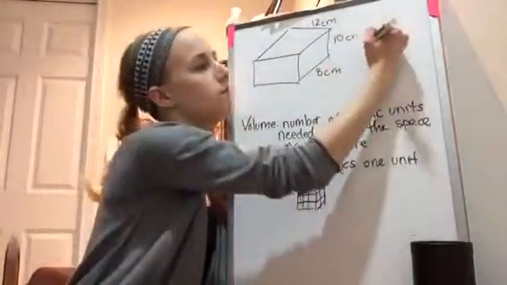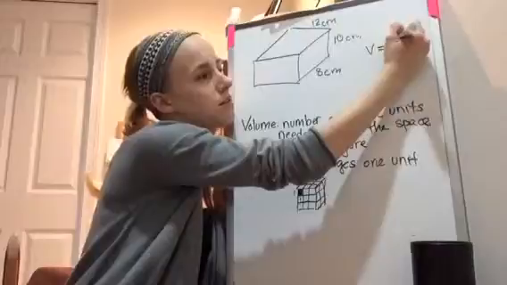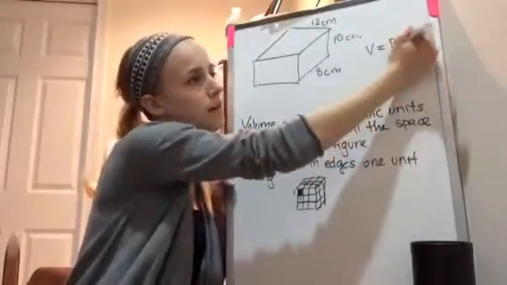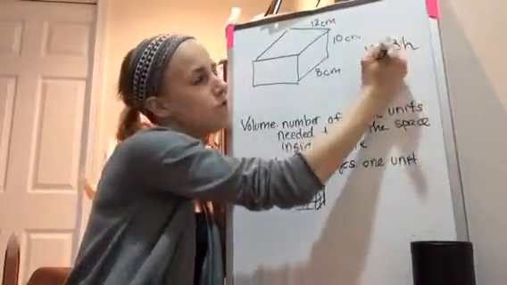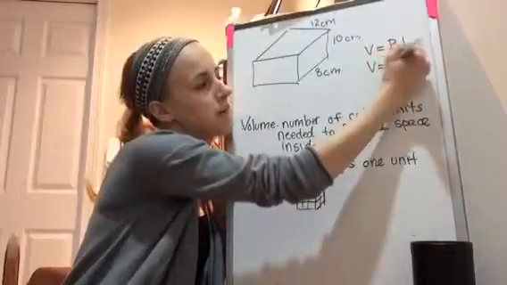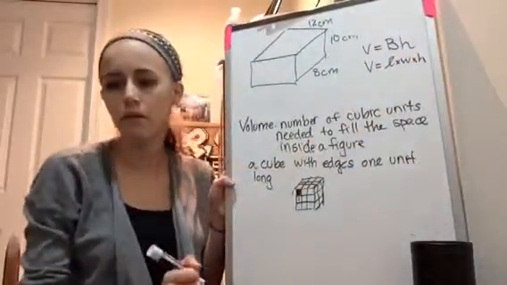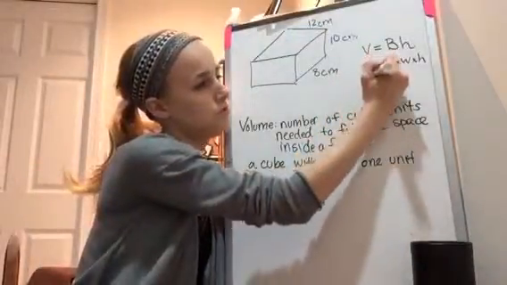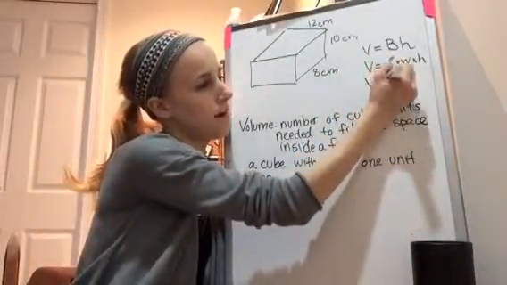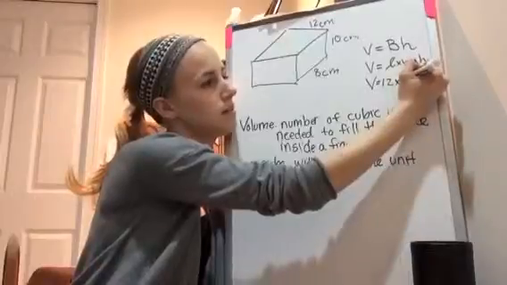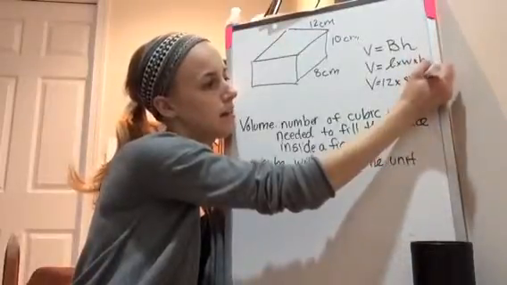Now remember, volume is always going to be the area of the base times the height, or in this case, volume equals length times width times height. So I'm going to go ahead and do V equals 12 times 8 times 10.